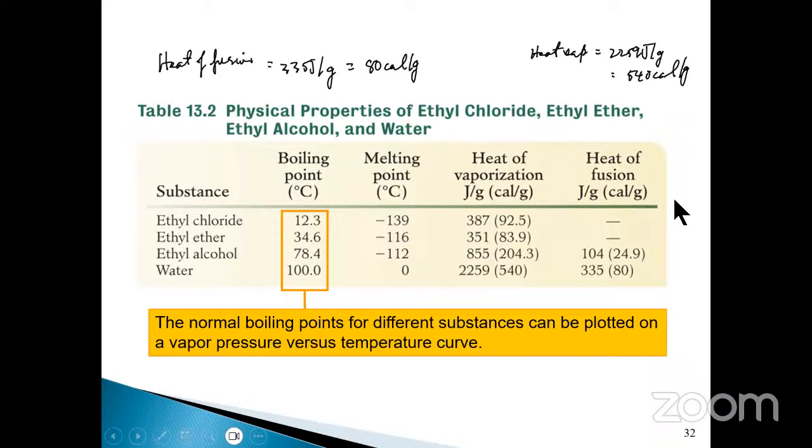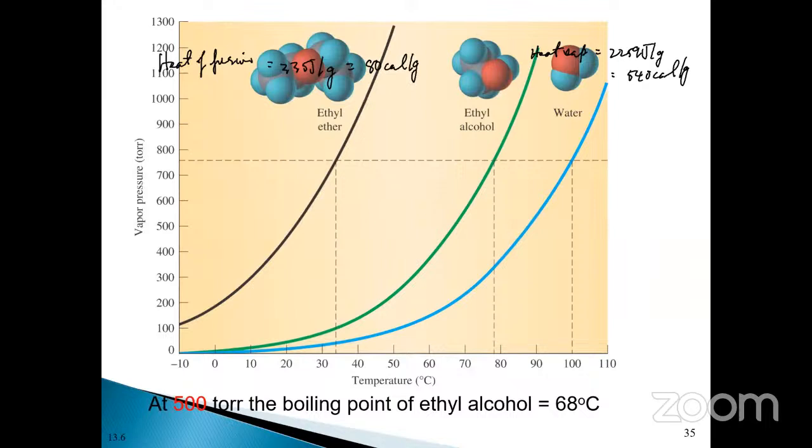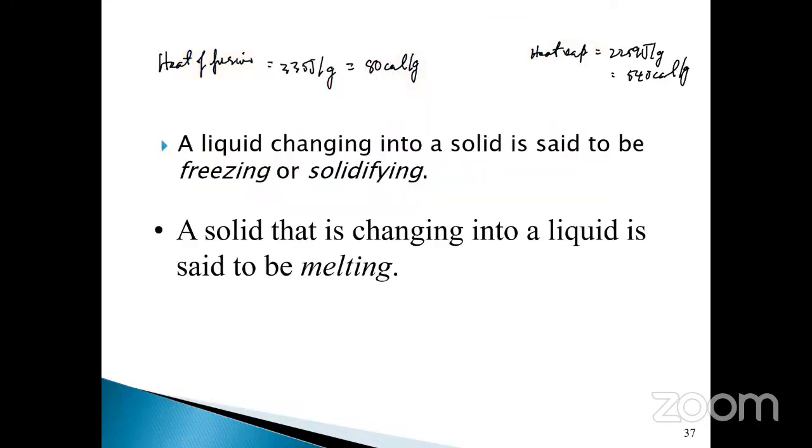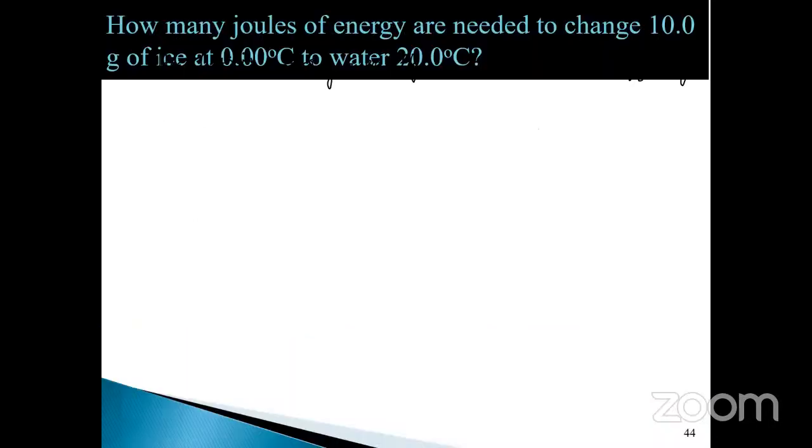Now that I've written that down, let me go back. As I was saying, the heat of fusion is the energy required to change 1 gram of a solid at its melting point into a liquid, all right?